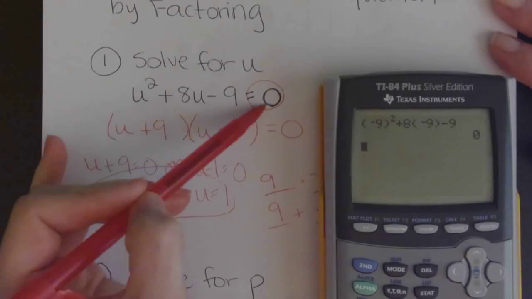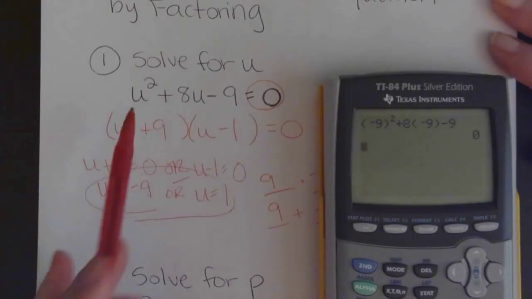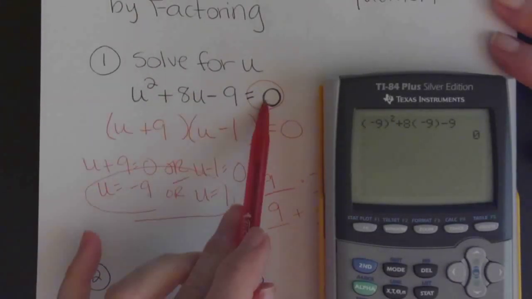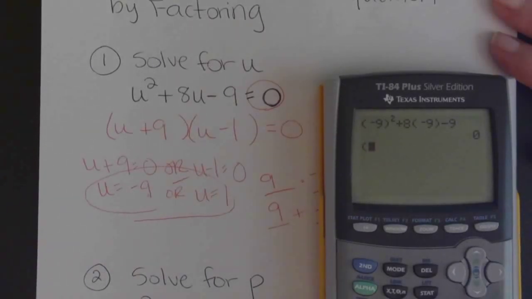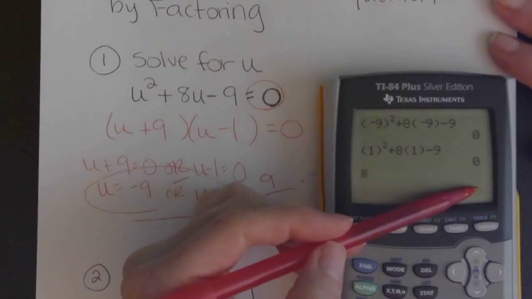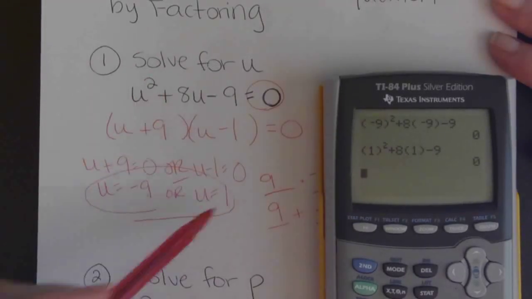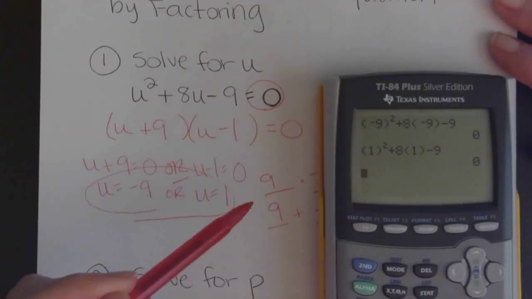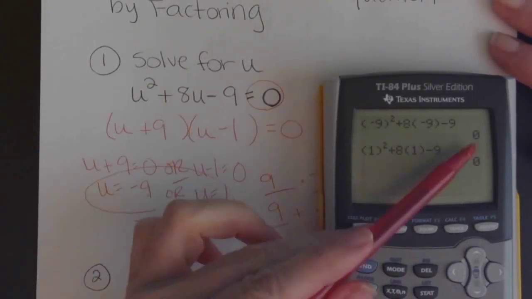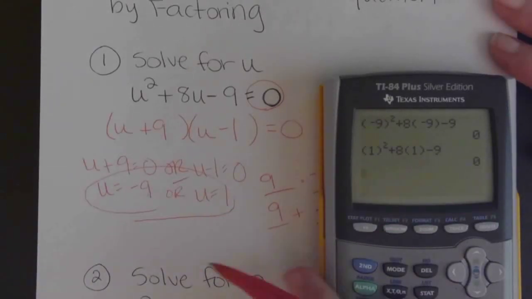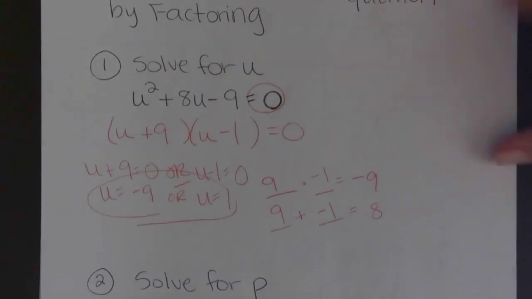Ta-da! And I get 0, so that works out. Now let me try the 1. I'm going to put a 1 here and a 1 there and see if I get 0. So 1 squared plus 8 times 1 minus 9. Ta-da! I get 0. So I kind of think this was faster than just guessing and checking, although you can see the answers do work out granny style as well.